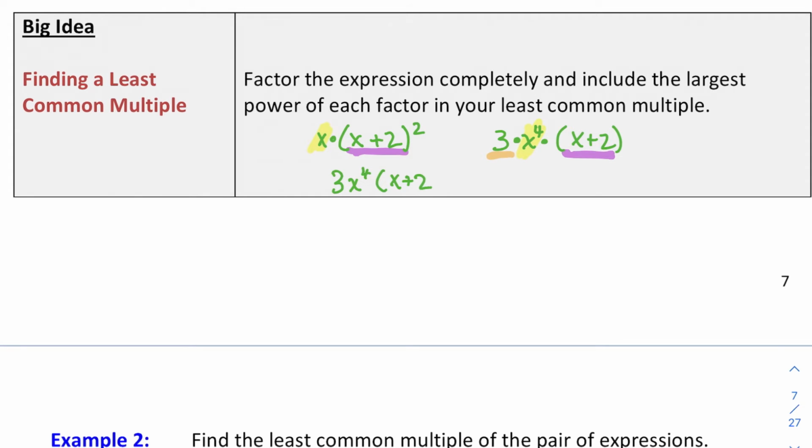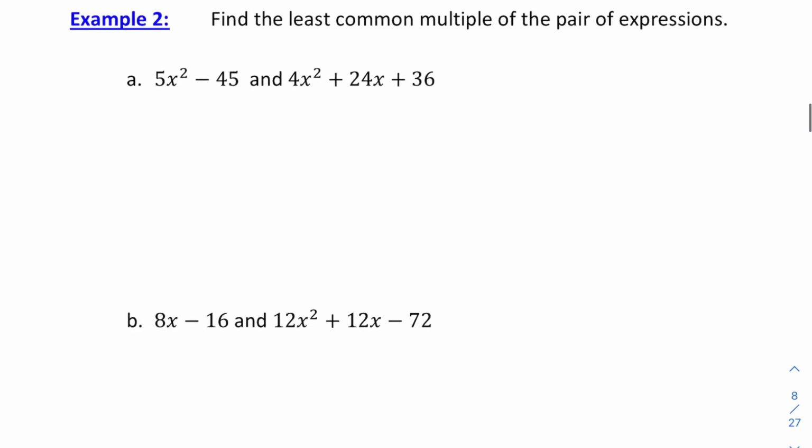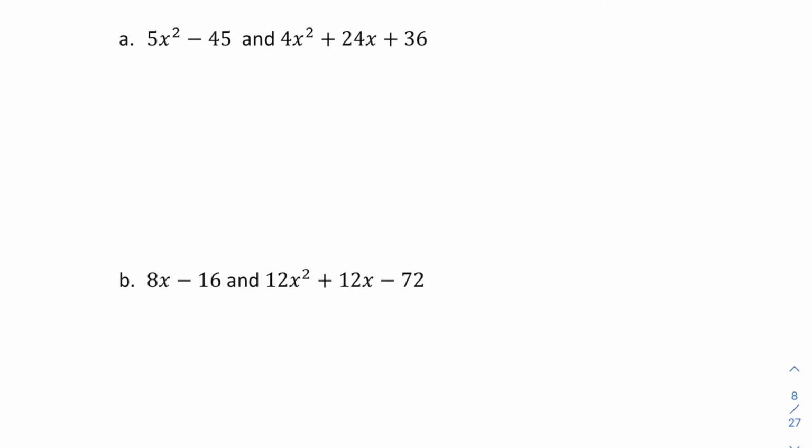So of my x versus my x to the fourth, I need the one with the higher power, x to the fourth. And of my x plus 2 versus my x plus 2 squared, I need the one with the higher power, so x plus 2 squared. So my least common multiple of those two expressions is 3x to the fourth times the quantity x plus 2 squared. So finding that least common multiple is going to be my goal for this pair of expressions.